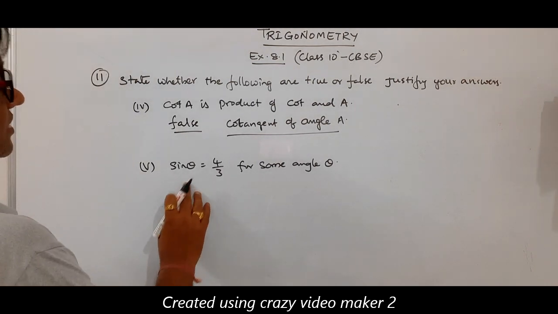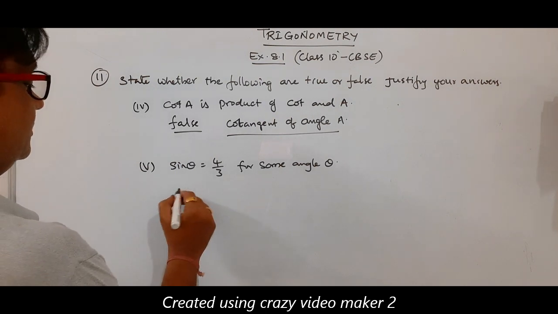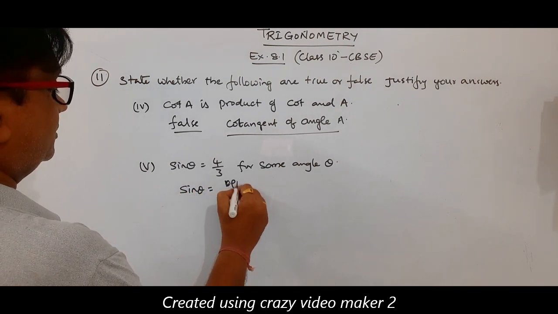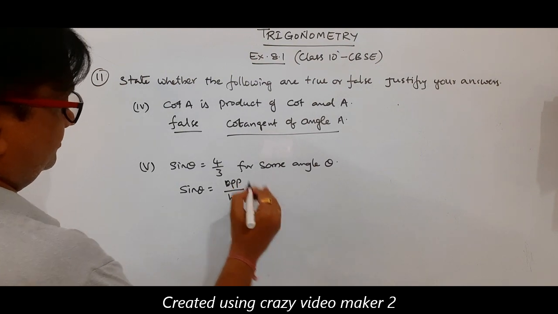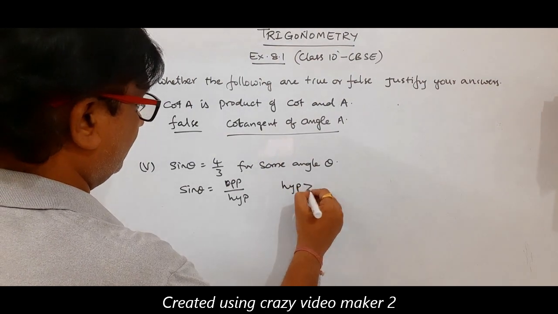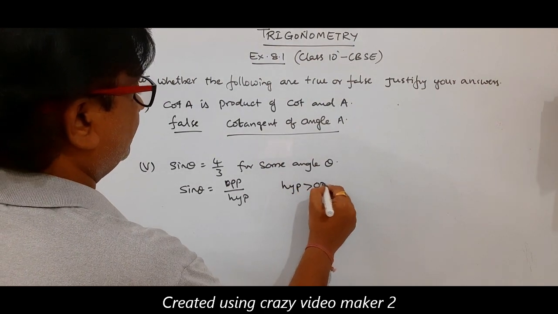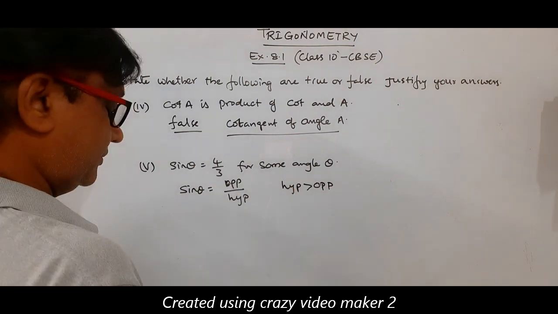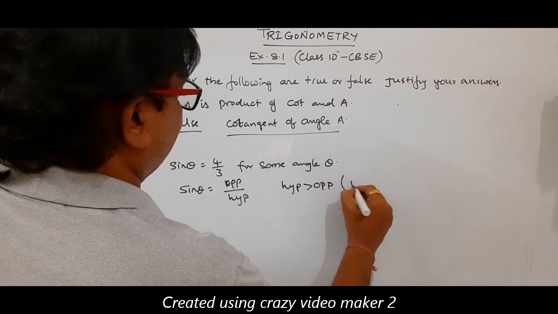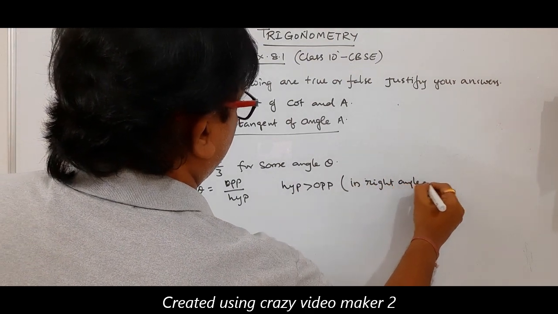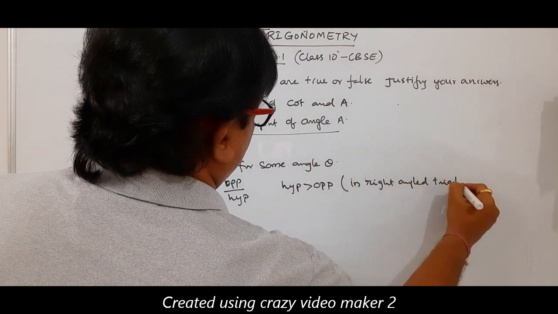Next one is sin theta equals 4 by 3. What is the meaning of sin theta? Opposite by hypotenuse. We already know that the hypotenuse is always greater than the opposite or the other two sides in a right angled triangle.